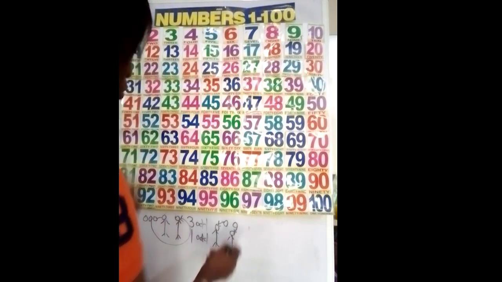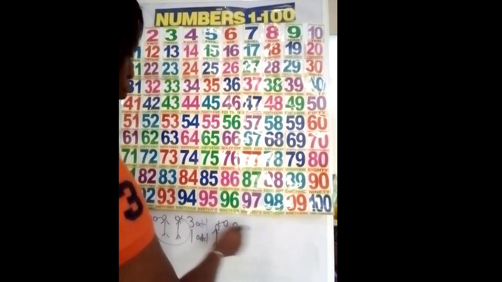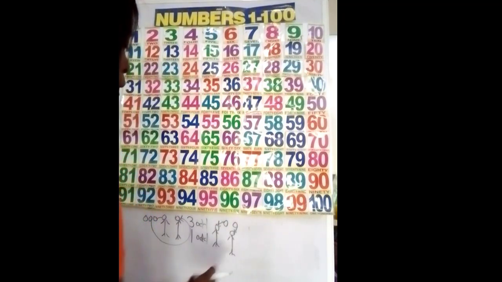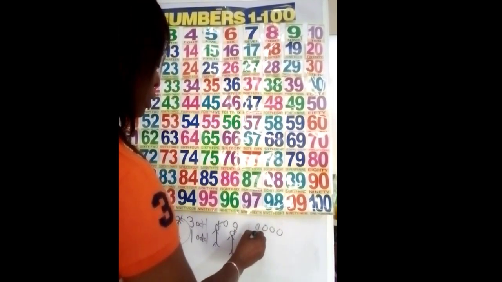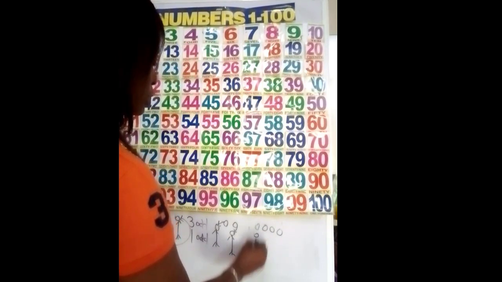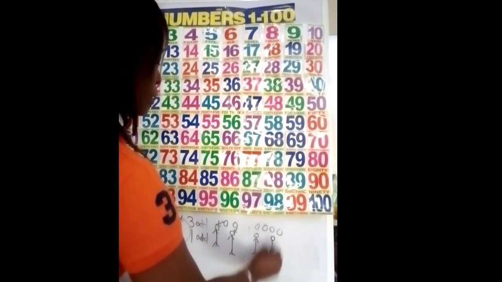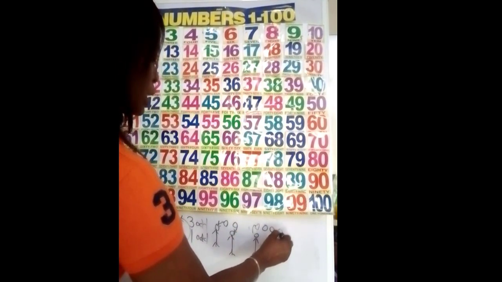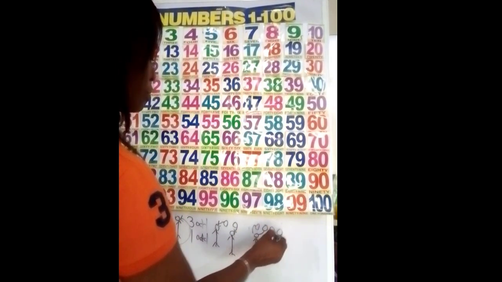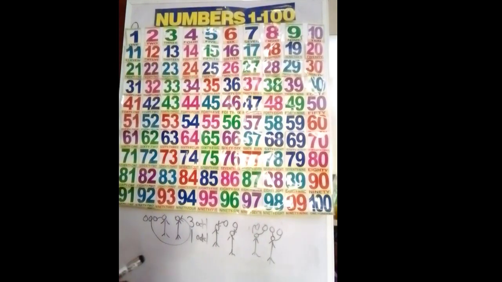Okay, so we used 2 oranges, we shared them among these 2 people, and we found out that they both got an equal amount. Now let's look at the next number, which is 4, and let's see, still 4 oranges for these 2 stick men. Let's see how it goes with them. So this one gets 1 orange, this one gets 1 orange. This one gets a second orange, this one gets a second orange. Everything is gone.